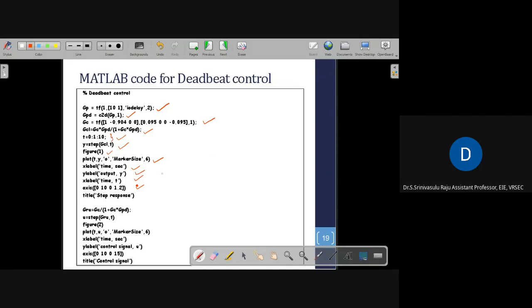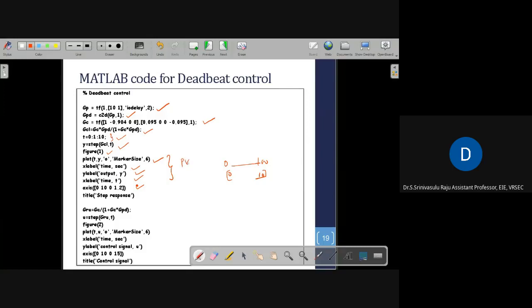We provide the axis because generally in MATLAB it will take from 0 to 100, so we restrict it from 0 to 10. The title is step response. This gives the process output.